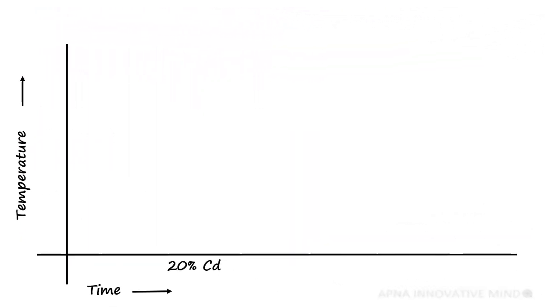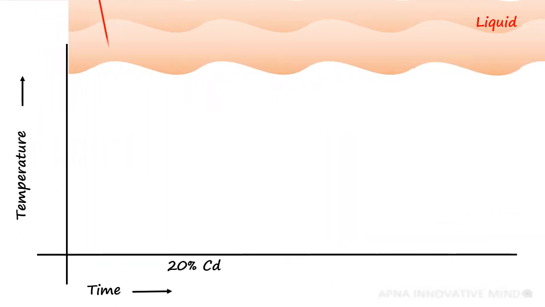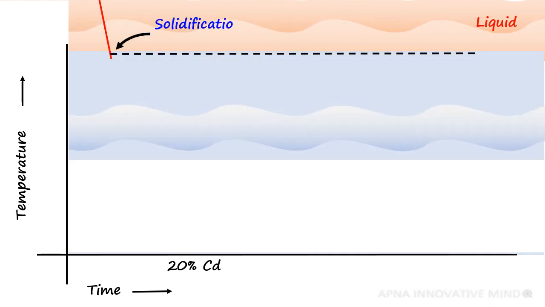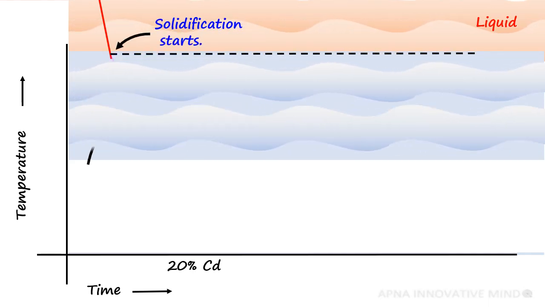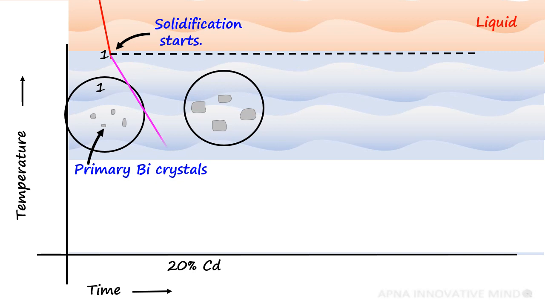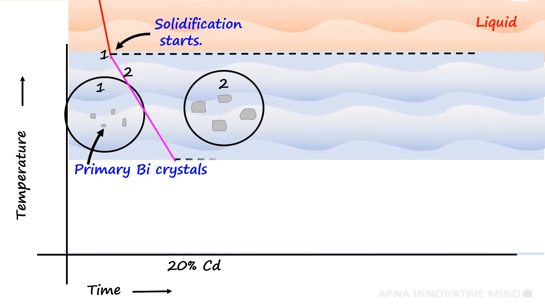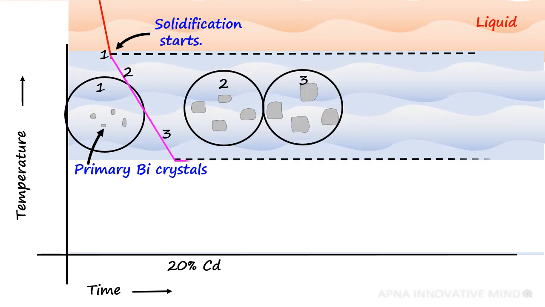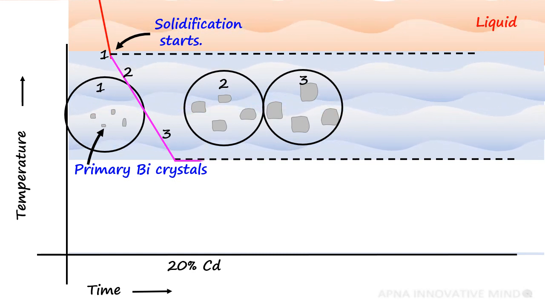Alloy is heated to liquid phase and cooled. When solidification starts, fine crystals of primary bismuth formation will start. As the temperature falls further, these crystals grow. When the temperature further decreases, bismuth is depleted from the liquid phase.